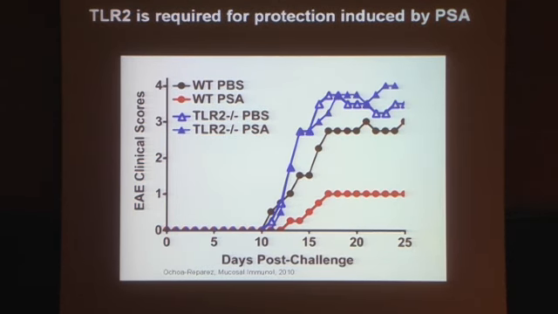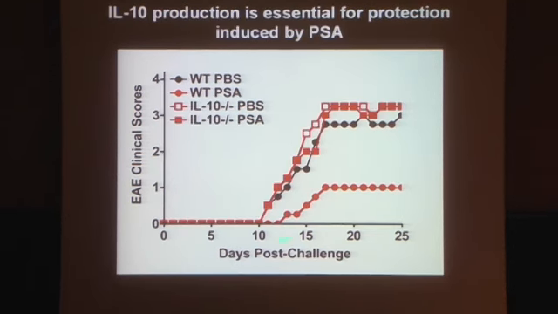Is this TLR2 dependent? Yeah, it is. This is an experiment now with TLR2 knockouts. The protective effect of PSA in the controls is not seen, as I think is pretty obvious here. So this is TLR2 dependent in this mouse model of EAE, and it's also IL-10 dependent.